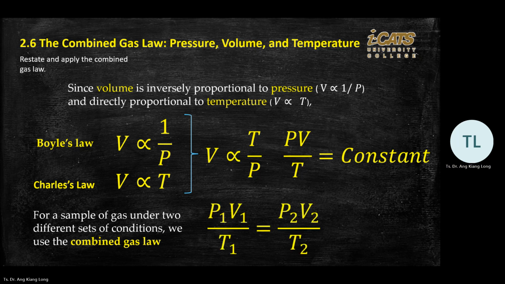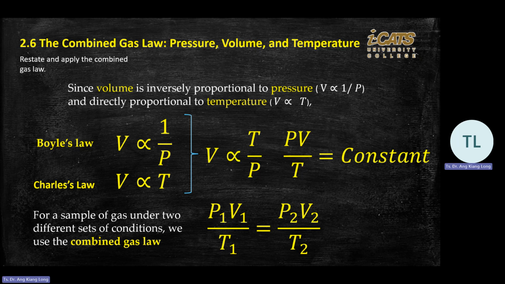P1 V1 divided by T1 equals P2 V2 divided by T2. This is when the question does not say temperature constant or pressure constant, but gives you three parameters, pressure, volume, temperature, then asks you to find another missing parameter. Then you use the combined gas law.